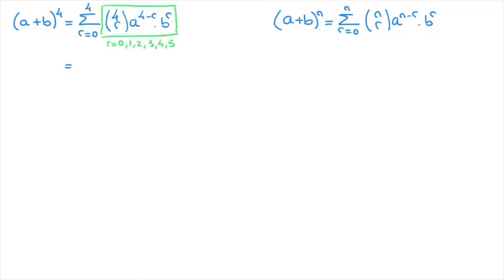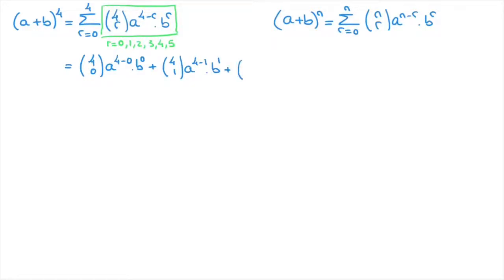That would equal the case where r equals 0, that's (4 choose 0) times a to the power of 4 minus 0 times b to the power of 0, plus the case where r equals 1, that's (4 choose 1) times a to the power of 4 minus 1 times b to the power of 1.